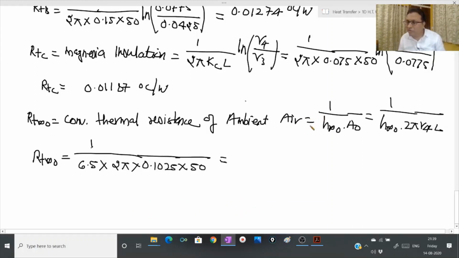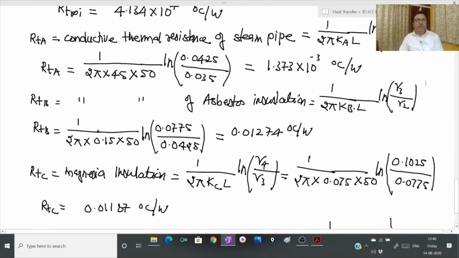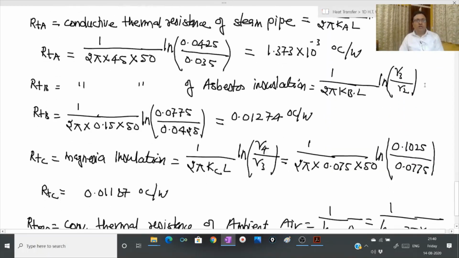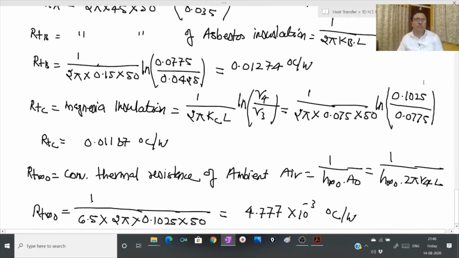So this value finally comes out 4.777 into 10 to the power minus 3 degrees Celsius per watt. So this way I could calculate the values of all thermal resistances. Now this is the major portion of any numerical, calculating individual thermal resistances correctly.